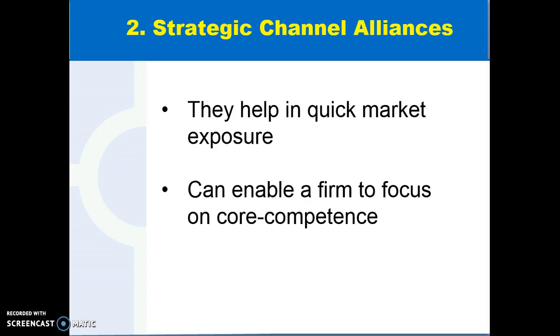Just imagine, opening that many stores countrywide would have taken SBC forever. So I would encourage you to think of such creative alliances that you can strike for your product and which can help you be successful in product distribution. Think hard and be creative, okay?